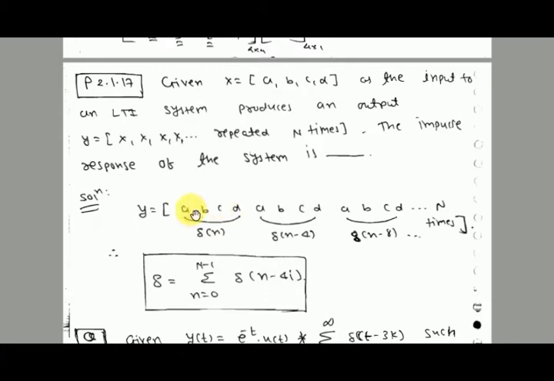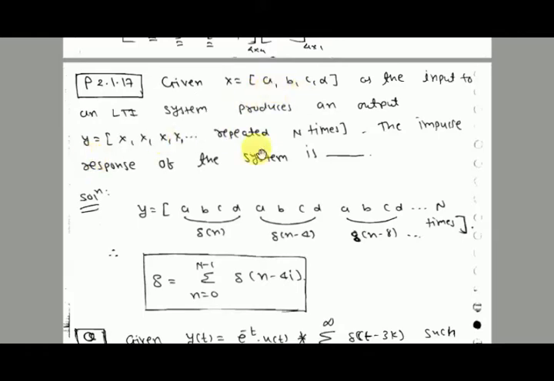With all these shifted x, you have to convolve with the impulse response, then you will get y. So you have to convolve x with h, then you will get y.